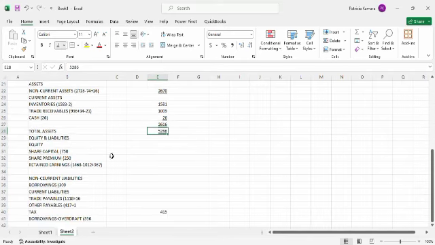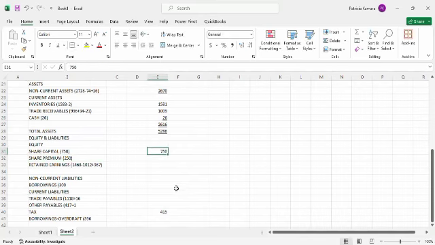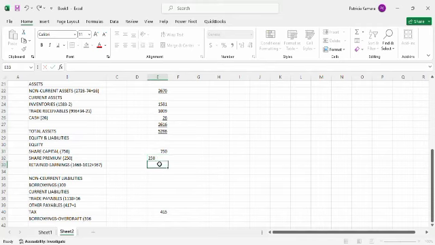Let's come to equity. Share capital, there were no additions, so 750. Share premium, there were no additions, so 250. And then our retained earnings. So it is 1468 minus 1012 plus 967.